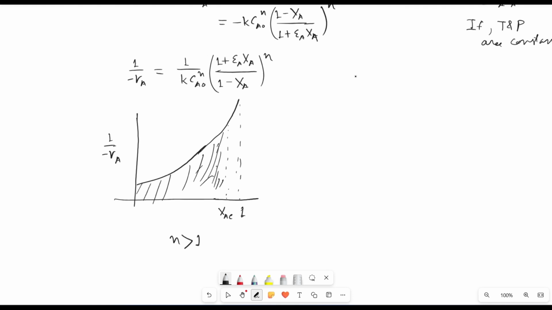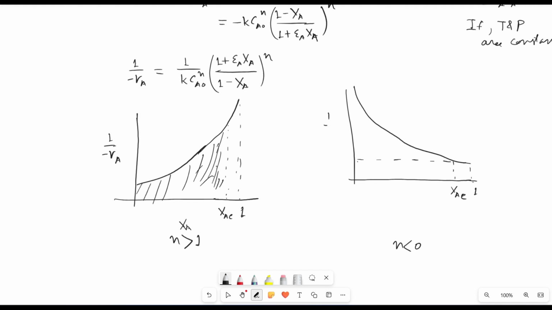This is XA conversion. And for n less than 0, where n is negative, the curve will be like this. This is 1, and suppose this is XAE, the desired exit conversion. Then this is PFR, and this is MFR or CSTR, and the mixed flow reactor will give the least volume.